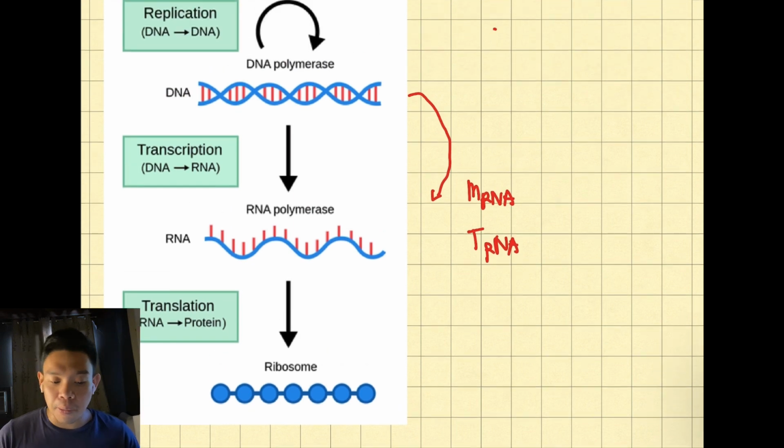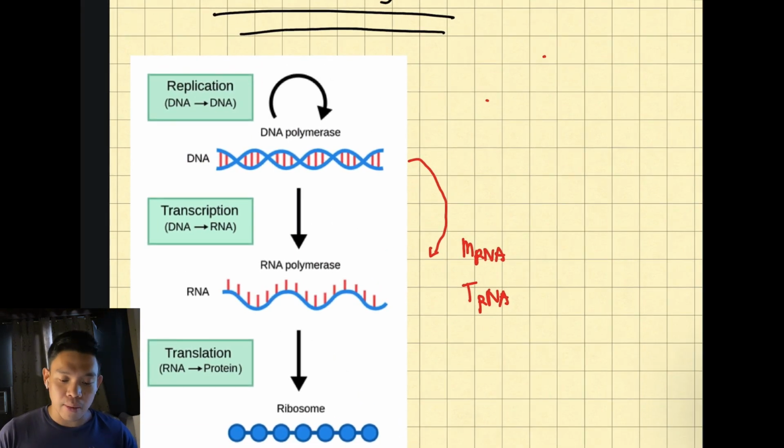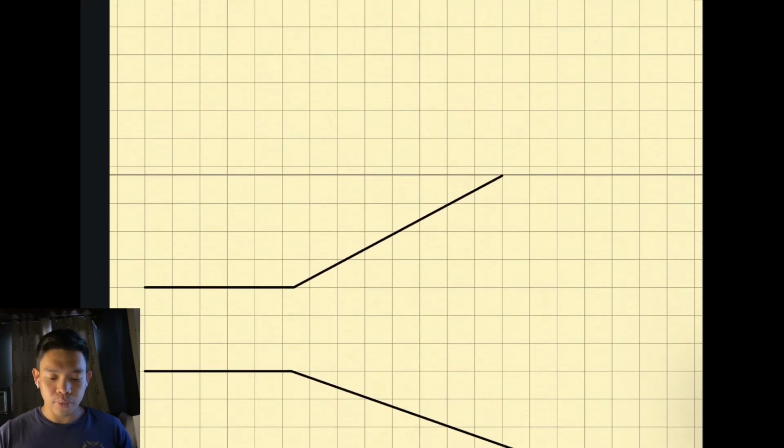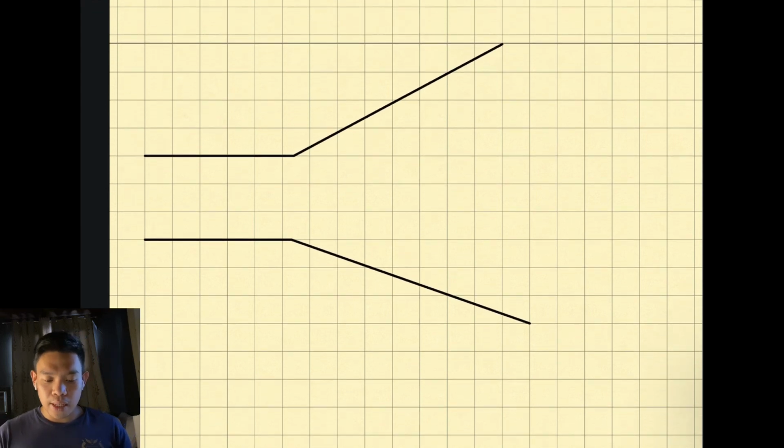This schematic process is very important because it leads to a fascinating phenomenon of how genes are transformed from a double-stranded molecule into a single-stranded molecule, which becomes functional in our body. Take a look at this example.